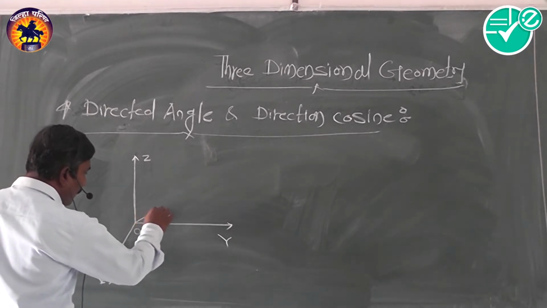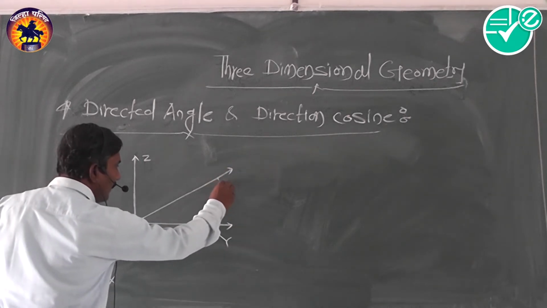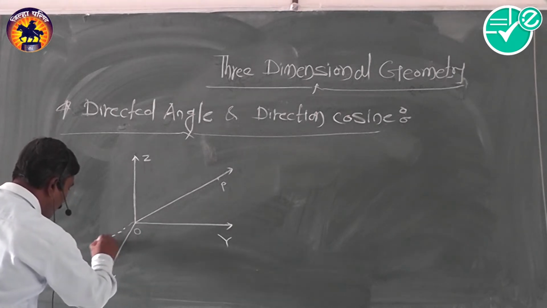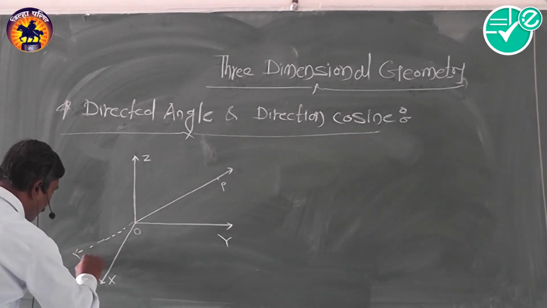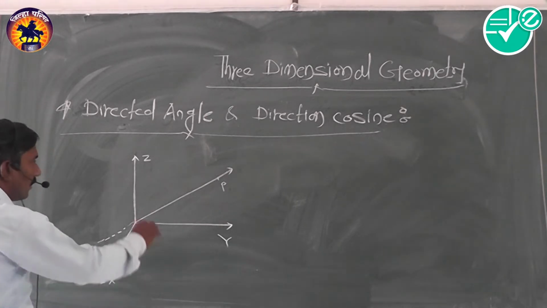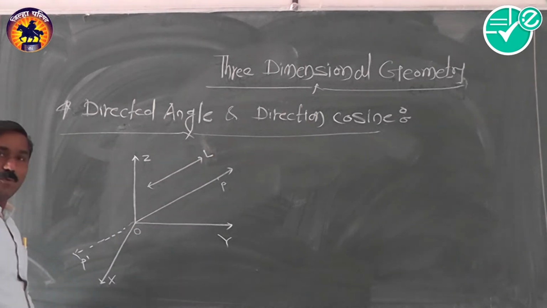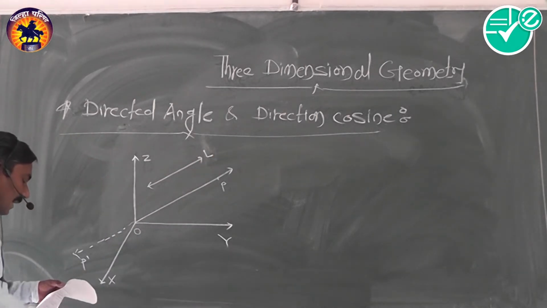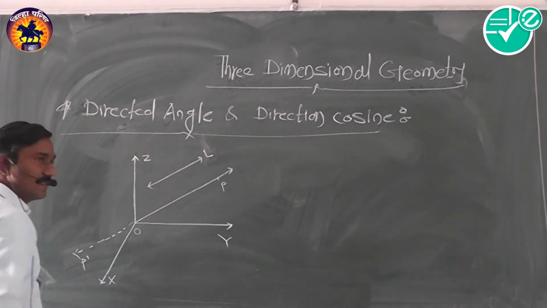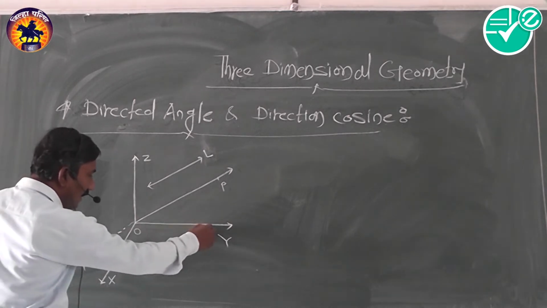We can draw the line passing through O. Here is P. Similarly, it passes through P dash. Here we can also consider the line L. Then what happens? This x-axis, y-axis, z-axis means this is three-dimensional, this is width, this is length, and this is our height.